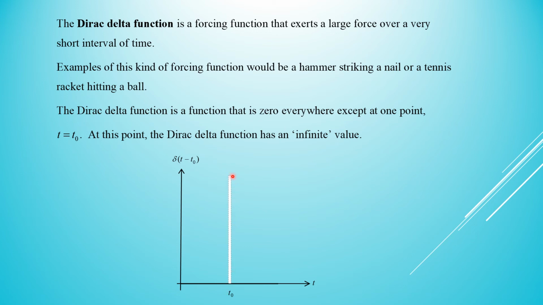Okay, so the graph is very tall. It is infinitely tall and it is infinitesimally narrow. Alright, but for the points other than t0, the function is equal to 0. Alright, so this is the forcing function, a very large force that acts over a very short interval of time.